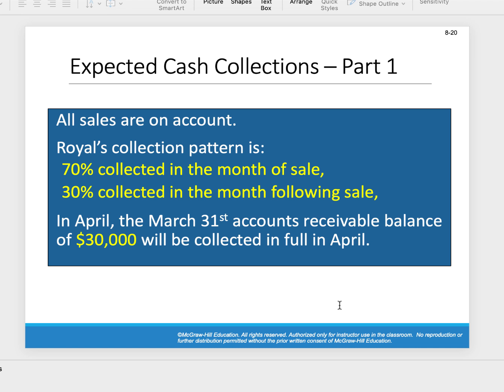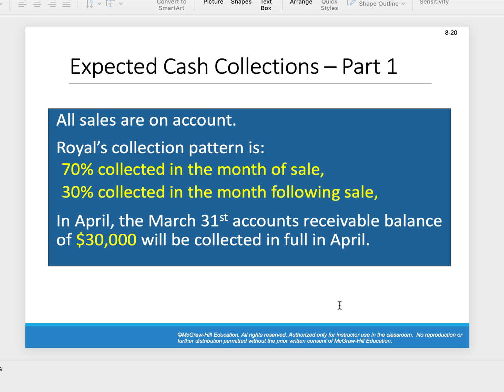There's 100% of sales, so what happens to the other 30%? Those are collected in the following month after the sale. So it's really important that you recognize that we're collecting a portion of the sales in the month of the sale, and a portion in the month following the month of the sale.